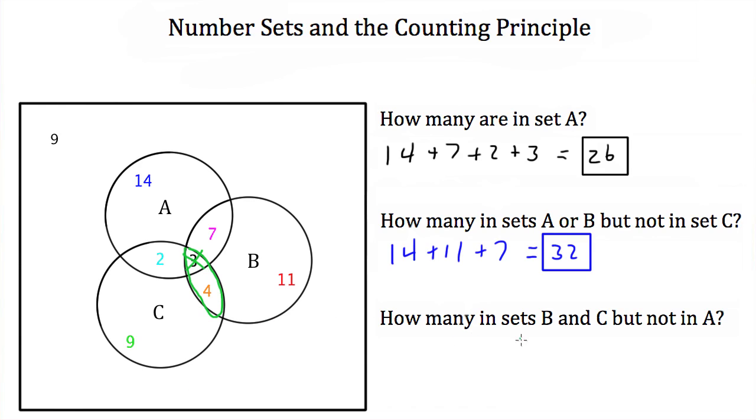So how many are in sets B and C? Well, 4 different elements are in both B and C, but not in A. So that's how you use a Venn diagram to determine how many elements are in the different sets.